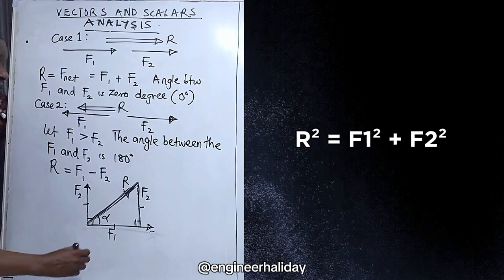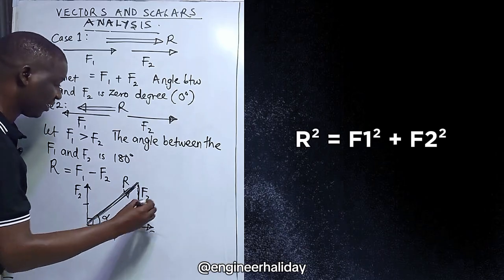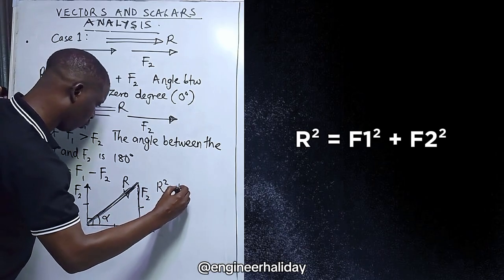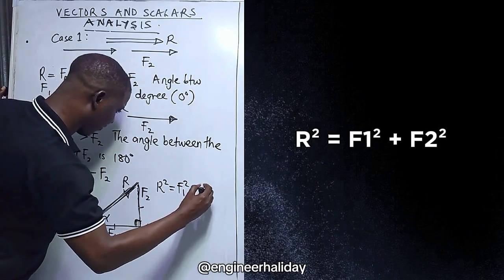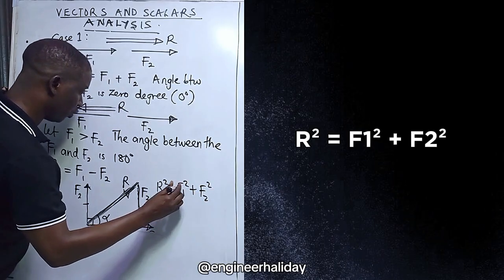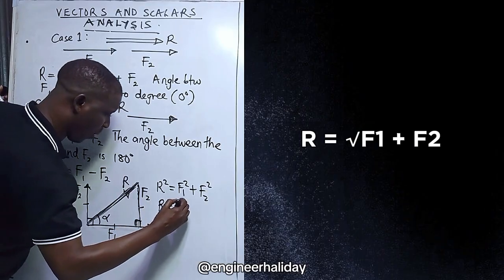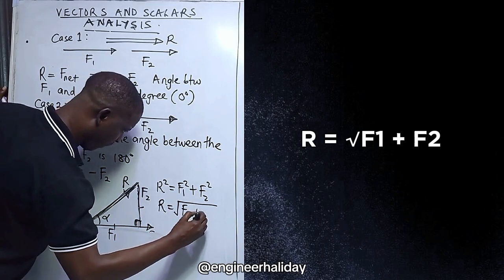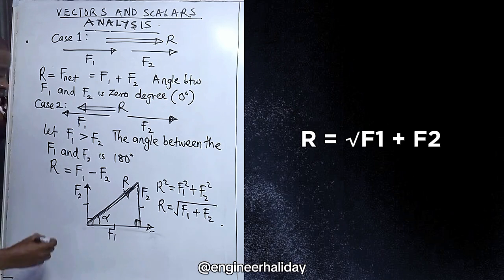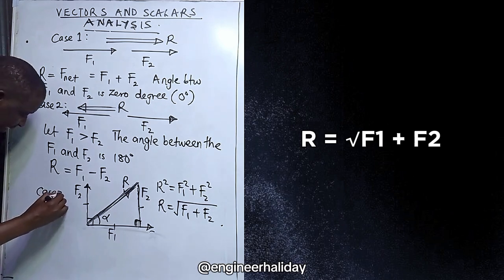Now, if I want to resolve this using Pythagoras theorem, it will be R squared equals F1 squared plus F2 squared. Then our resultant formula becomes the square root of F1 squared plus F2 squared. This one is case 3.